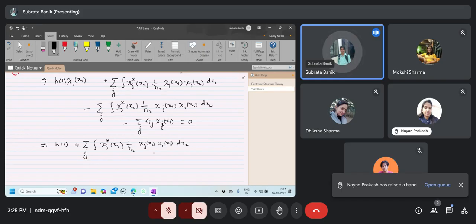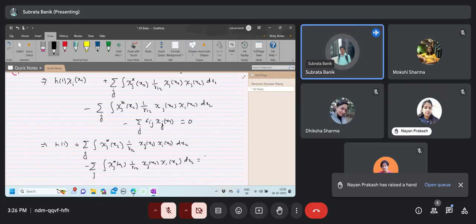In the same way, I can write this minus sum over j integration of chi j star x2 1 upon R1 2 chi J of x1 chi I of x2 dx2 equal to the right side.